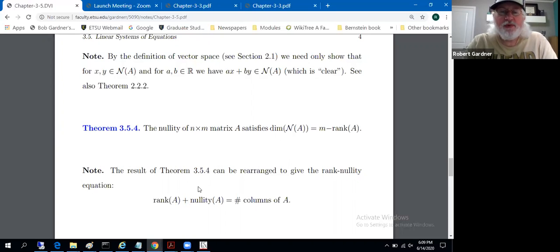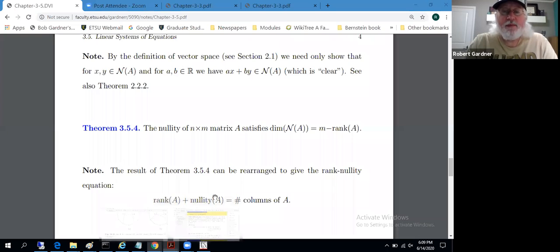We could rearrange this equation to read the rank of A plus the nullity of A equals m, the number of columns of A. You're used to this from linear algebra, where when you take matrix A and reduce it, the pivot-containing columns contribute to the rank. The pivot-free columns contribute to free variables, if we treat it as a system of equations, and ultimately to the null space. It goes together and you get all of the columns of matrix A.